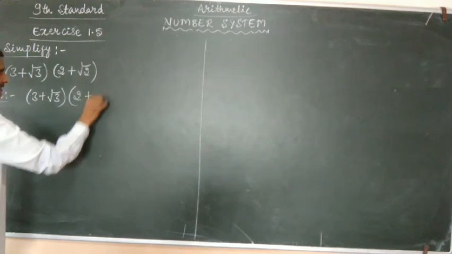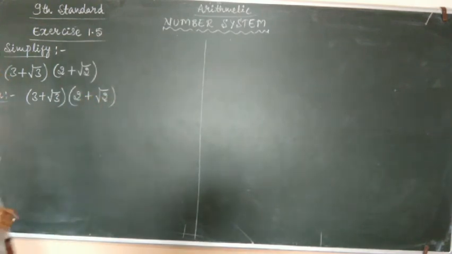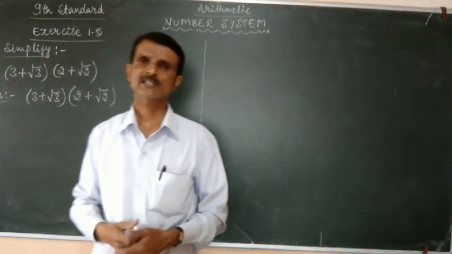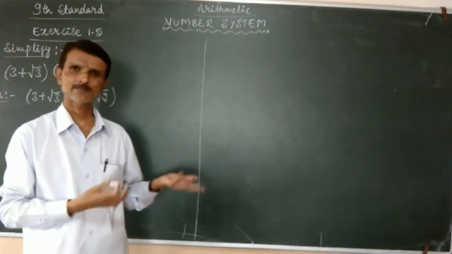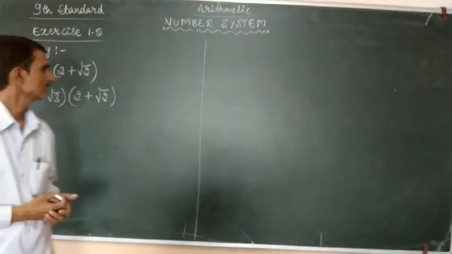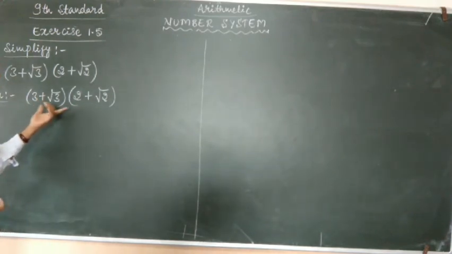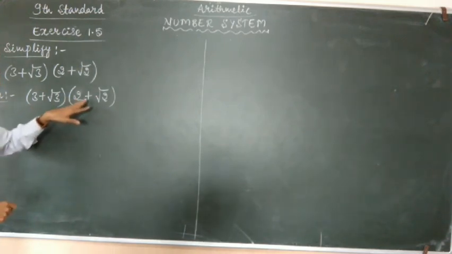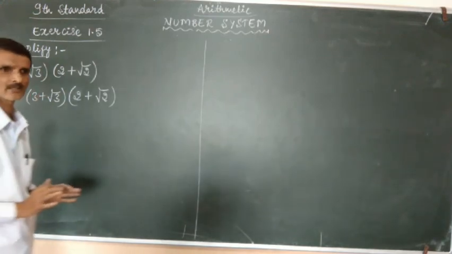This type of multiplication you have already studied in the 8th standard, in algebra: multiplication of binomial by binomial. We can multiply 3 plus root 3 by 2 plus root 2, or 2 plus root 2 by 3 plus root 3.